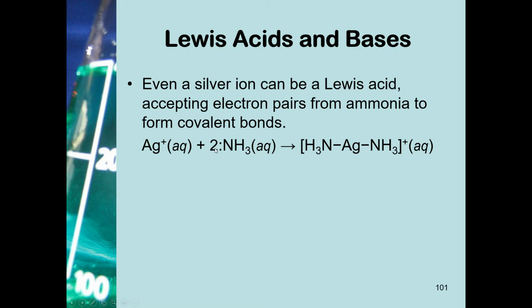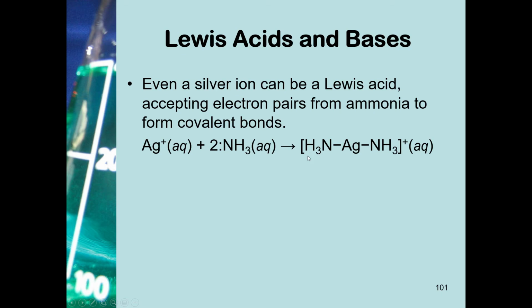It's going to take a silver and attach 2 ammonias to it. Now this one's just ammonia written backwards. Actually, in reality, it's written in the correct form, but we're so used to writing it this way that if I wrote it like this, you would say I wrote it backwards.